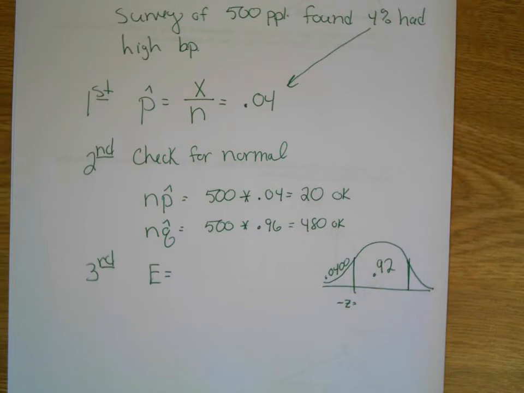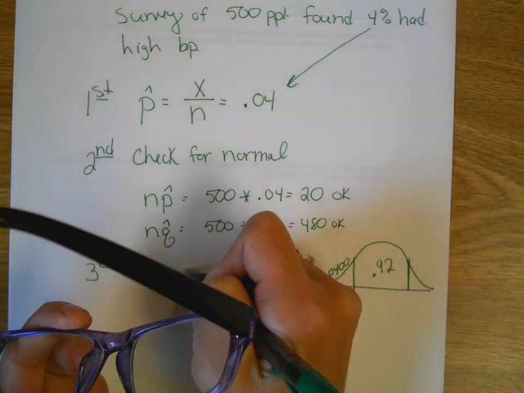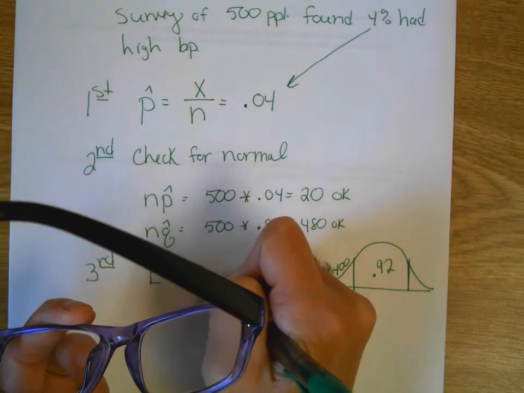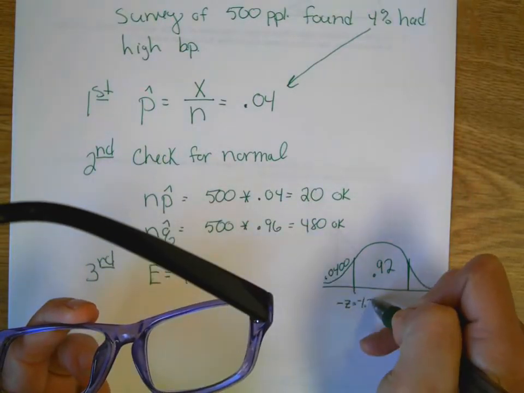You want the area to be that, so right here. Yep. So positive 1.75 is what goes into our formula.